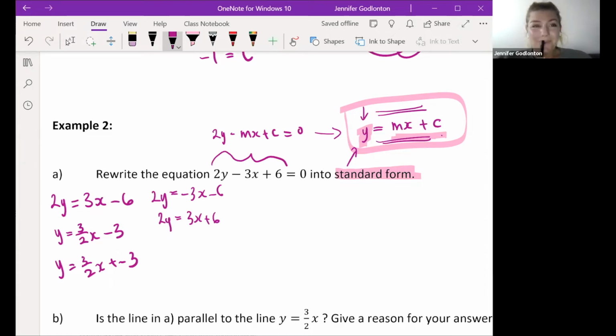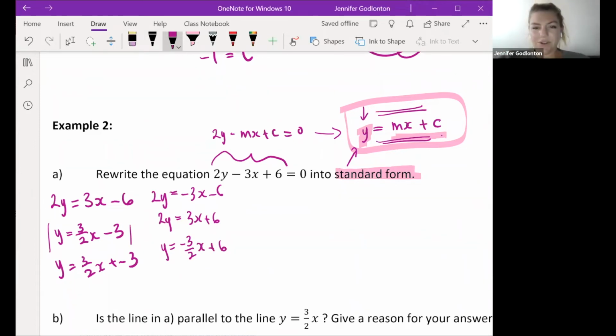Oh, ma'am, isn't it y is equal to 3 over 2x minus 3? Okay, so that's the same as this one over here. We'll go through them all. Don't panic. Okay, and our last answer that's come in is y is equal to negative 3 over 2x plus 6.